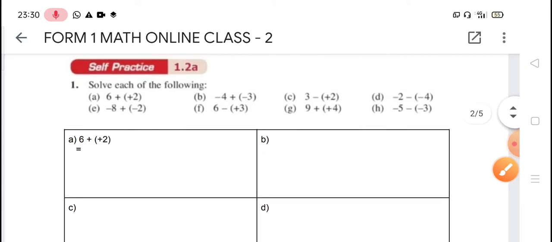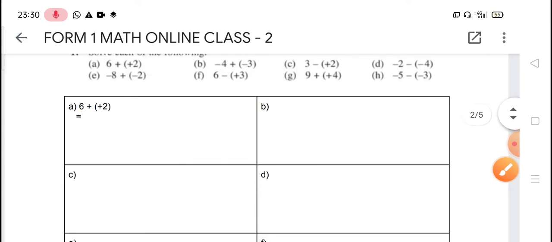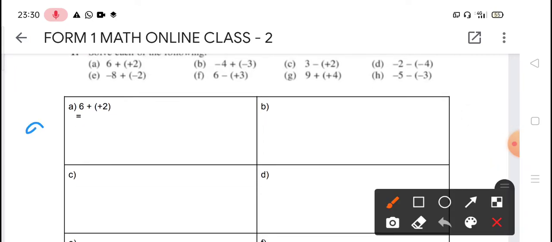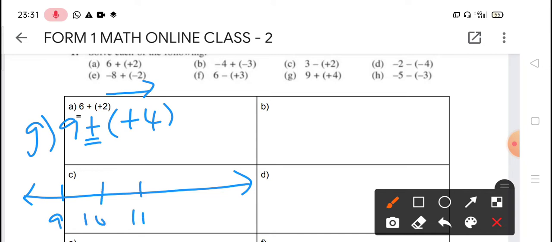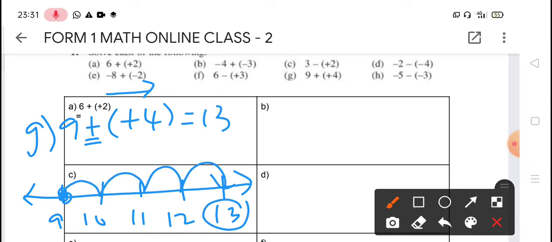Next, question G. Question G is 9 add with positive 4. Remember, add positive, move to the right. We have 9, 10, 11, 12, 13. Start from 9, move to the right 4 steps, 1, 2, 3, 4. So we have 13.